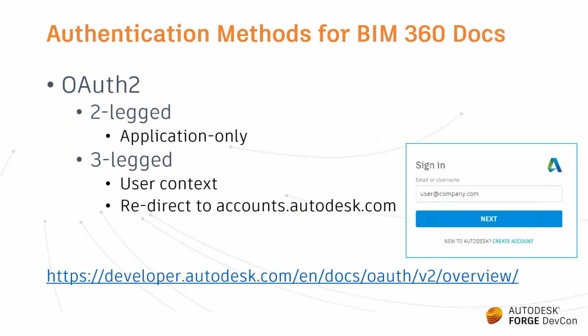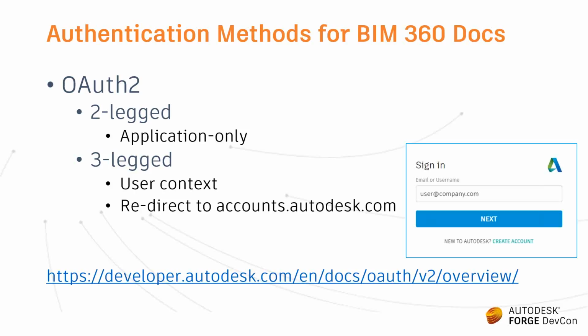For instance, for authentication, BIM 360 Docs will have two types of authentication. One is OAuth two-legged and the other one is three-legged. The two-legged one is to connect applications or for integrations with other web services such as partner web services.